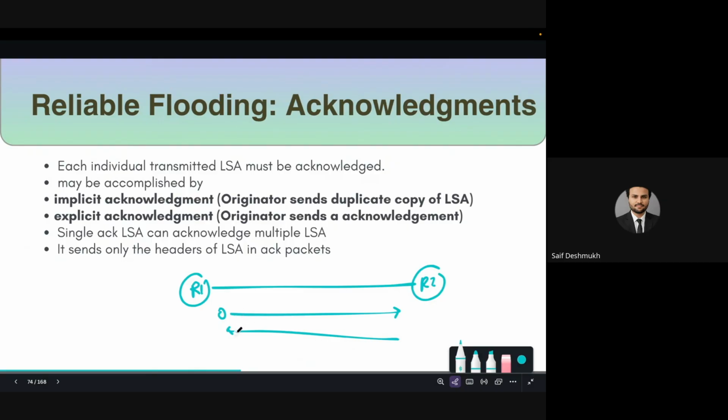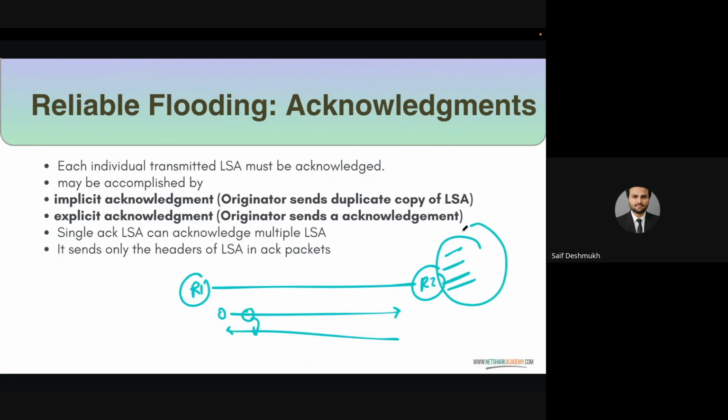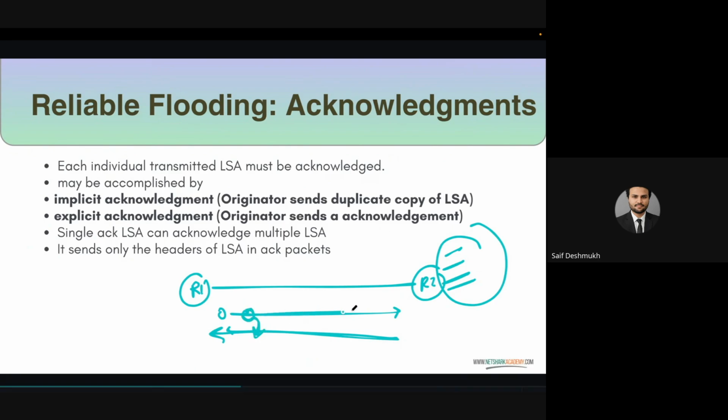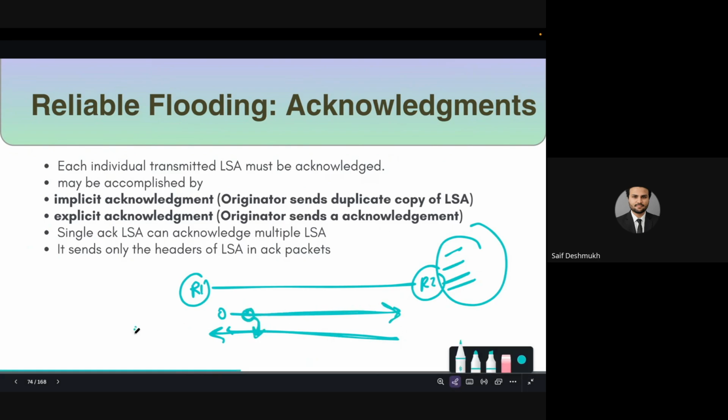Router 1 sees its own copy, because this is how the database of router 2 was. Everything was synced already. So the update packet sent by router 2 had information which was sent by router 1 originally. It is acknowledged. This is implicit acknowledgement.